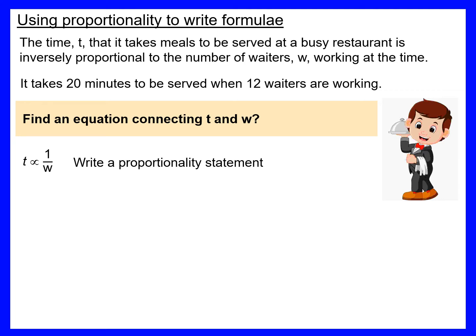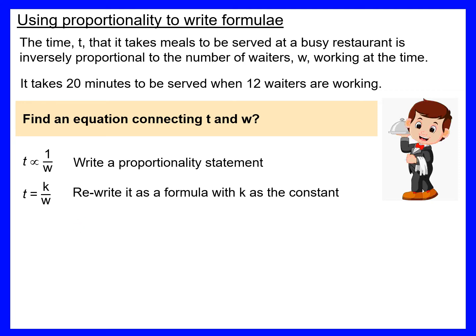So if we turn that into our equation, you will see that instead of multiplying by k as for direct proportion, we're actually dividing. So T is equal to k divided by W, because as one gets bigger, the other needs to get smaller. To get smaller, we're using division.